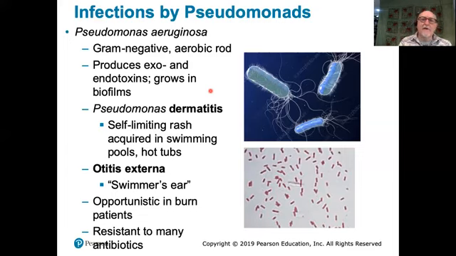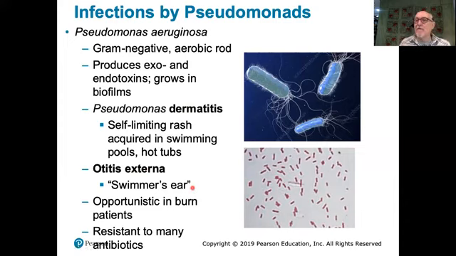There are some mild infections with Pseudomonas as well. There's one which is commonly associated with hot tubs, and it produces a dermatitis, which often doesn't even need treating. It's a temporary situation. It is also sometimes, in people who swim regularly, a cause of otitis externa, swimmer's ear.